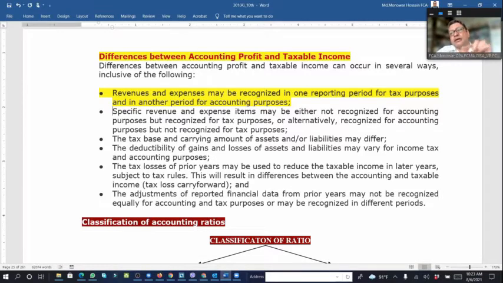For example, this year we use 10% on 100 taka, so the remaining is 90 taka. Next year on the accounting side, it will also be 10 taka. But the tax authority uses 10% on that 90 taka. So that year tax depreciation would be 9 taka, but accounting it's 10 taka.